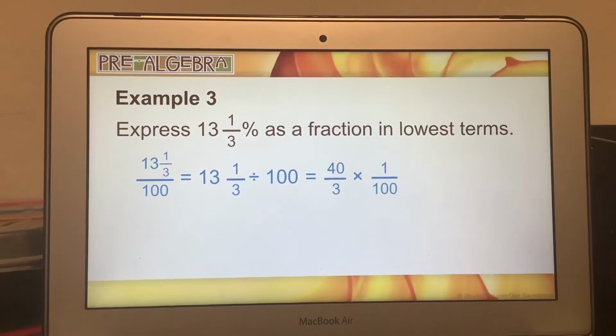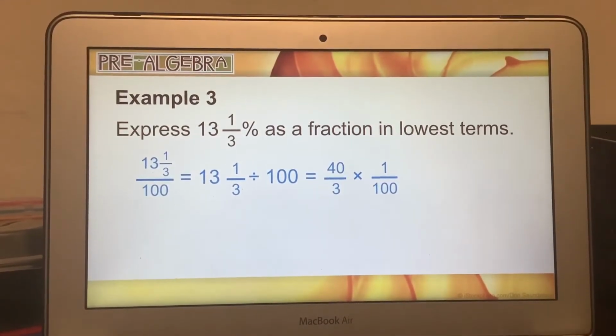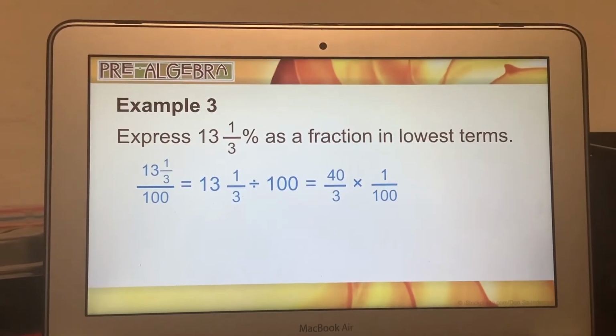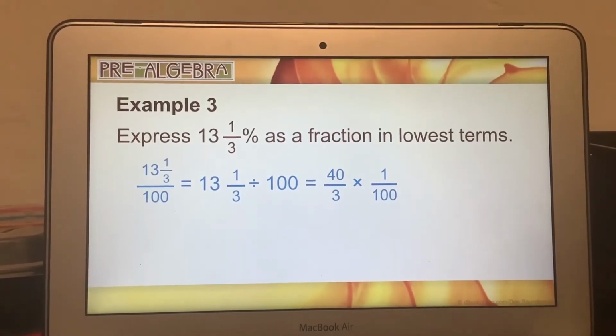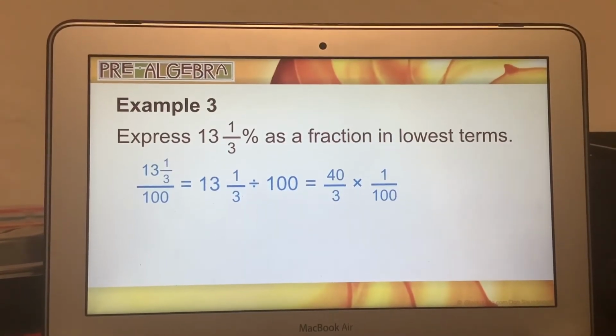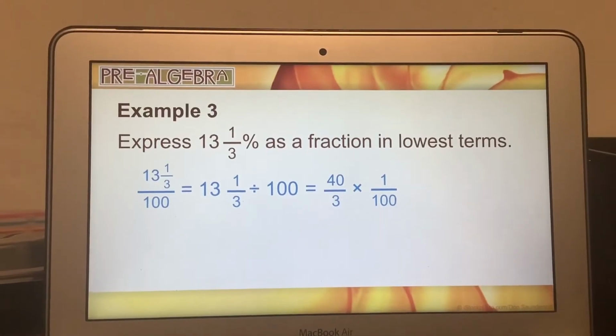And then I'll have 40 over 3. And then dividing by 100 is the same as saying times 1 over 100. So that's how I've gotten 40 over 3 times 1 over 100.